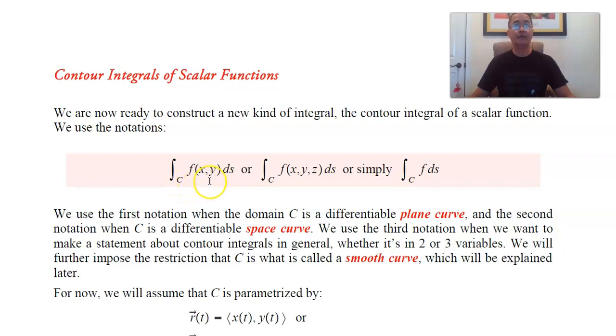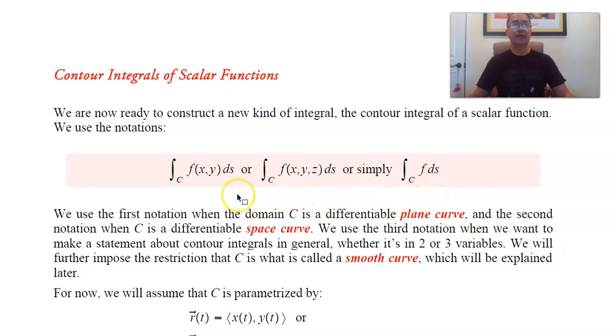We will have a function of two variables or of three variables, and either way, we'll have this ds, where that's the lowercase letter s. In the next chapter, that's going to turn into an uppercase S. To generalize, we will just write it simply as the integral along c of f ds.